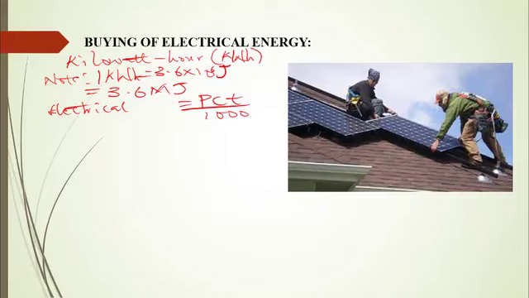This is the formula for electrical energy. Electrical energy consumed is equal to the power times the time times the cost of using up that power, divided by 1000.